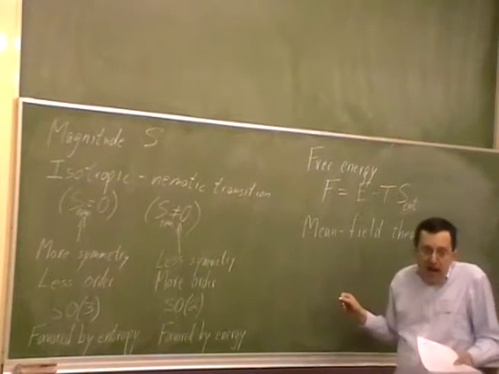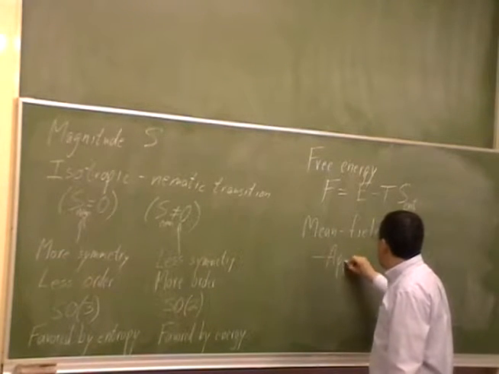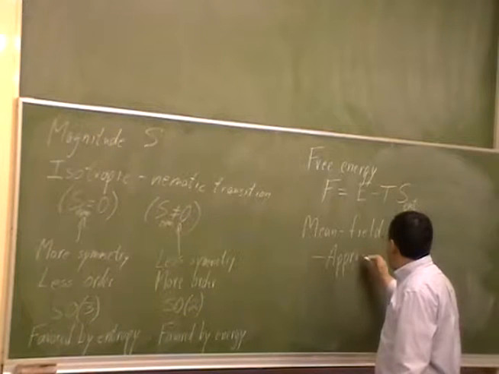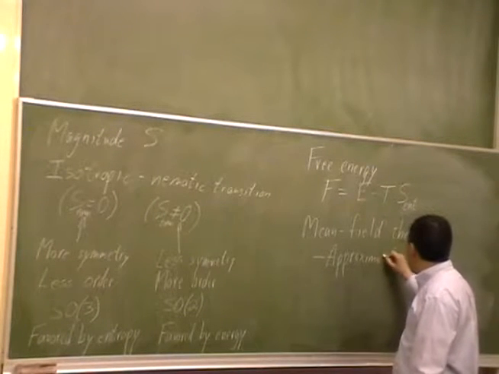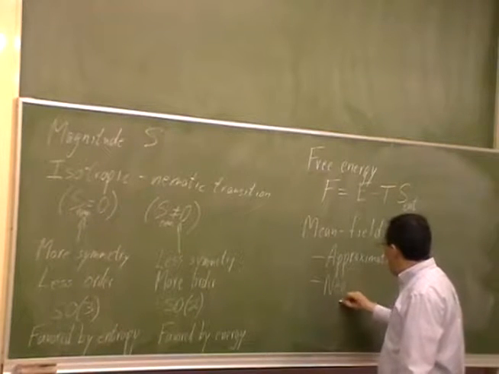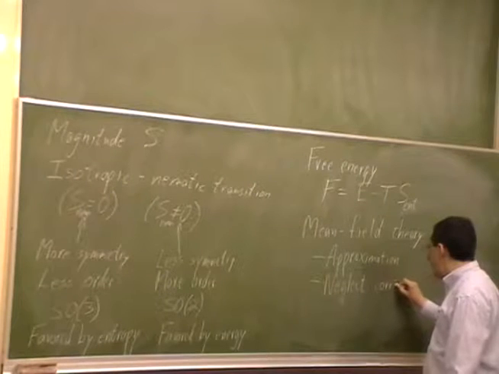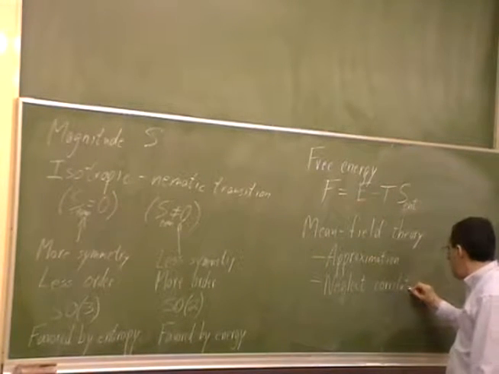This is not exact, right? This is an approximation, and the key to this approximation is to neglect correlated fluctuations of the molecules or any other particles in general.